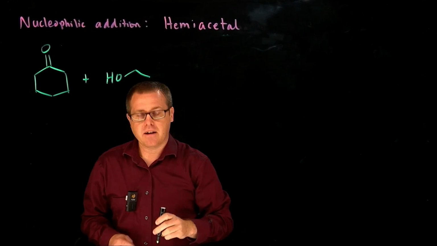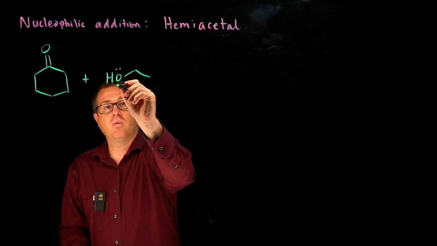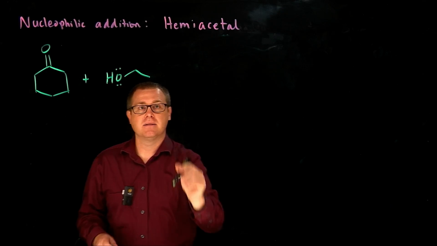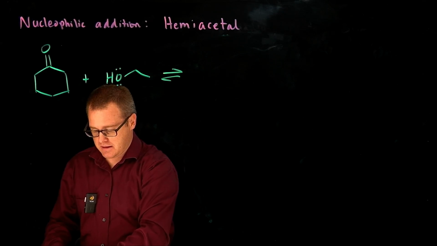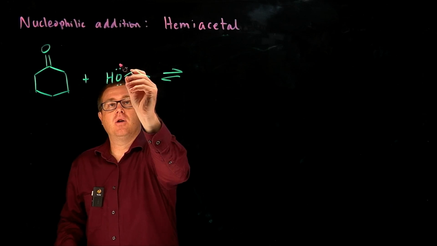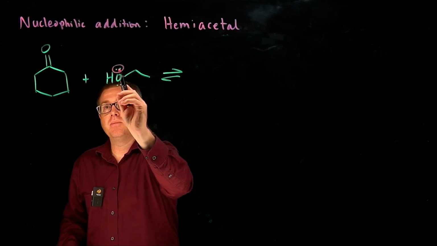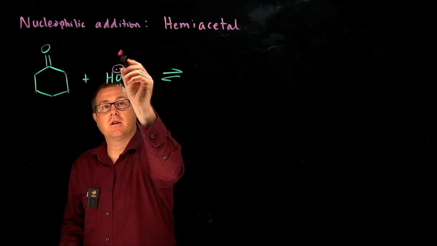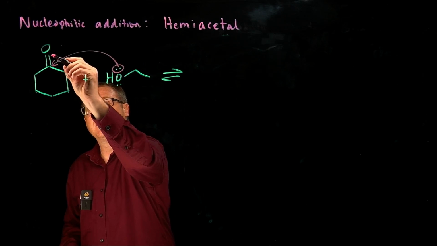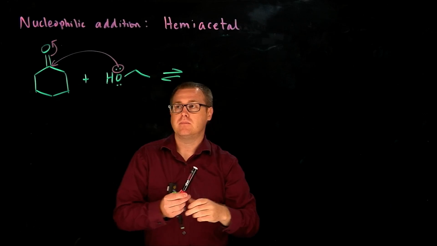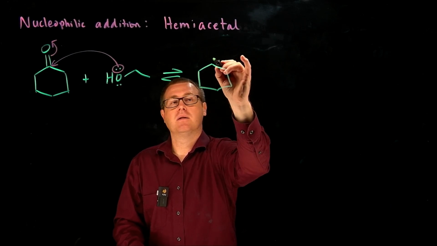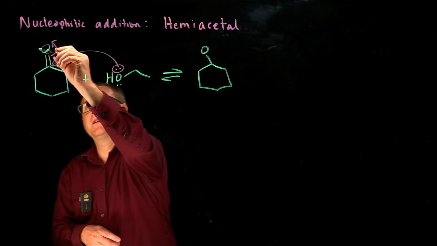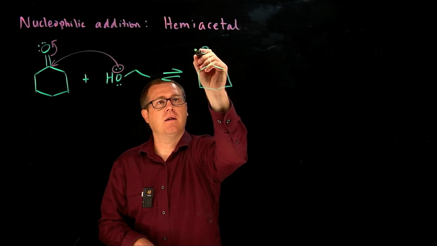So let's take a look at our first mechanism here without any catalyst. And every step here is reversible. So electron-rich lone pairs, electron-poor carbonyl, like so, to generate this species. Make sure we have our lone pairs there.